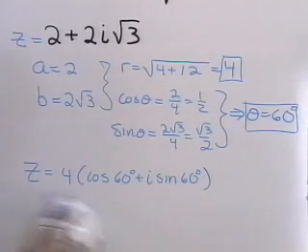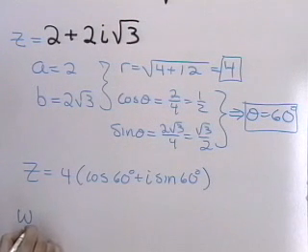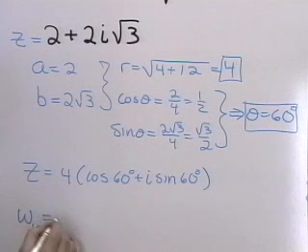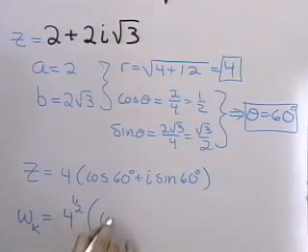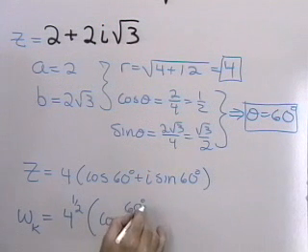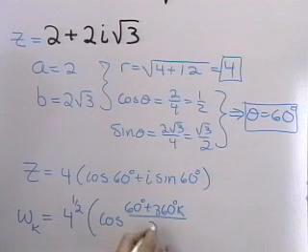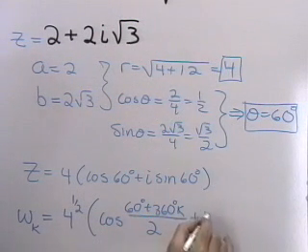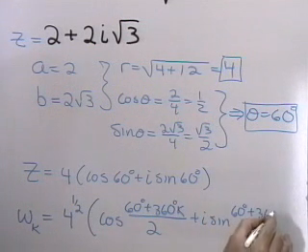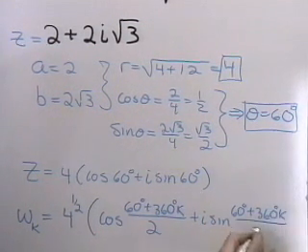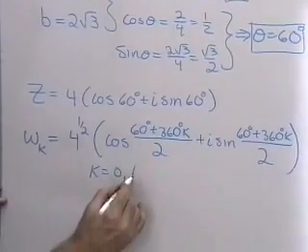What I want to do is use this other notation. w sub k is equal to 4 to the 1/2 times cosine of (60 degrees plus 360 degrees times k), all divided by 2, plus i sine of (60 degrees plus 360 degrees times k), all divided by 2, where k is equal to 0 and then 1.